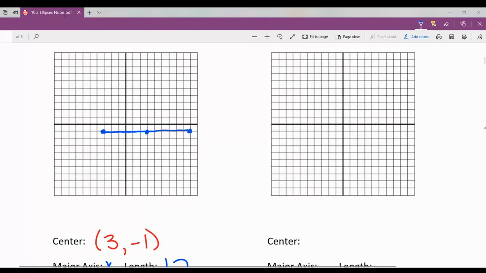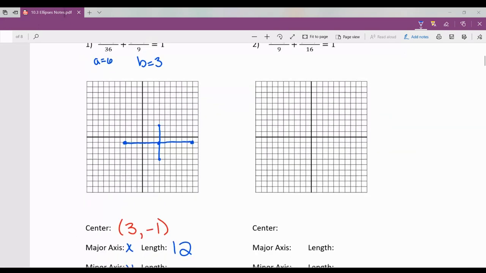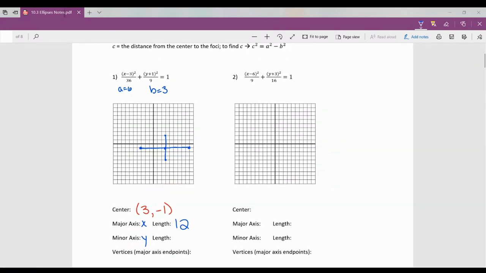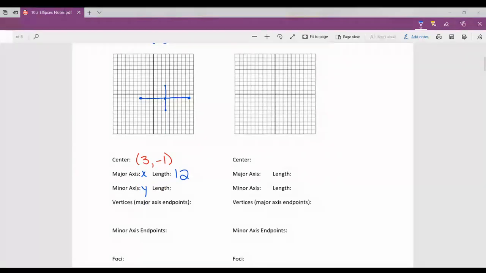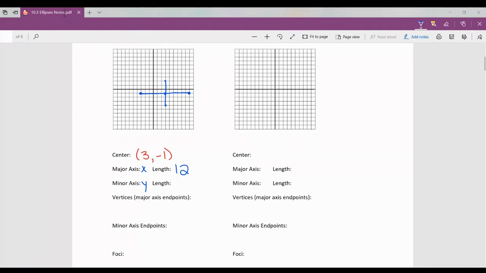So 1, 2, 3 units up, 1, 2, 3 units down. Those will be the length of my minor axis. So if it goes 3 units up and 3 units down, that's a total length of the minor axis of 6.